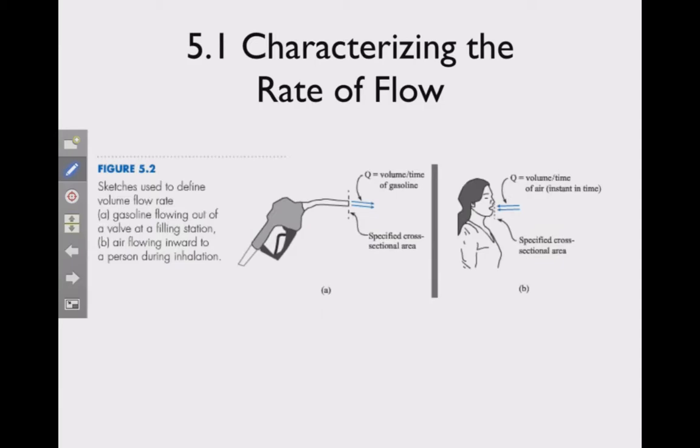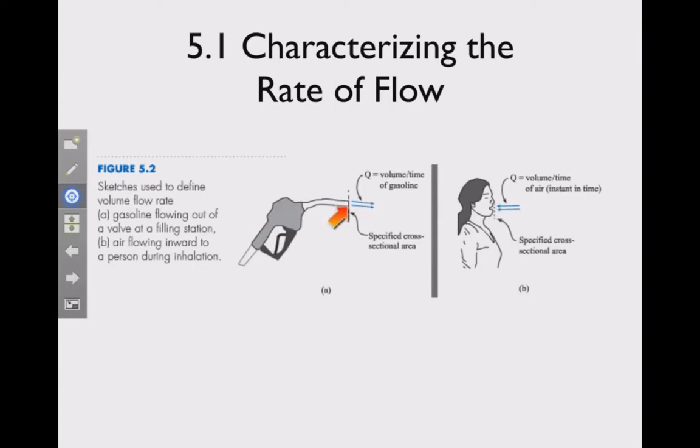So this example figure from the book just describes how one might go about determining the flow rate. And so here's a gas pump, a gas handle, and we know that gasoline comes out of this pipe here, and a convenient cross-sectional area to define is just the end of the pipe.